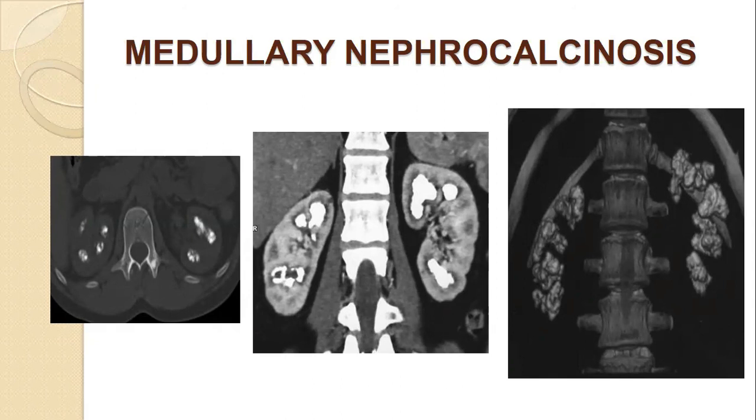There are different causes, like infection, tuberculosis, pyelonephritis, glomerulonephritis, medullary sponge disease, renal tubular acidosis. It causes the deposition of calcium in these situations, in the cortex as well as in the medulla. Yes, sir.